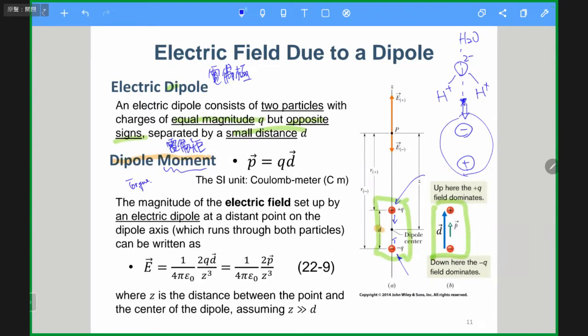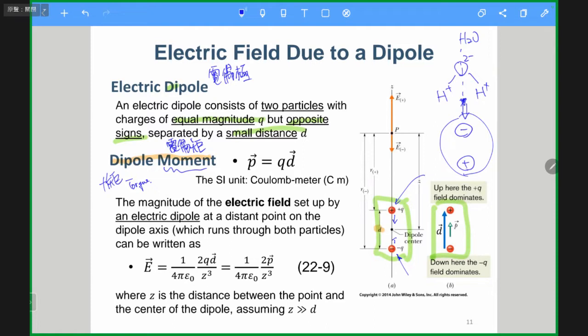In physics 1 or mechanics class, you should have known something like the torque, 力矩.